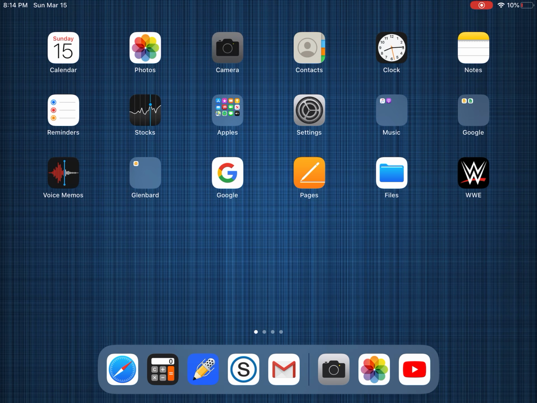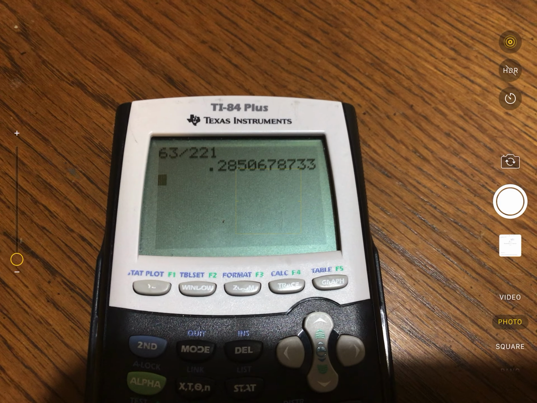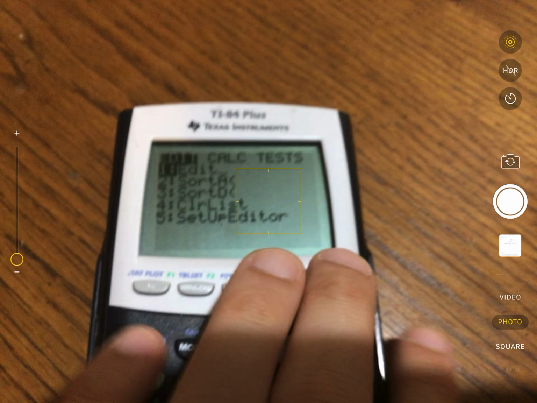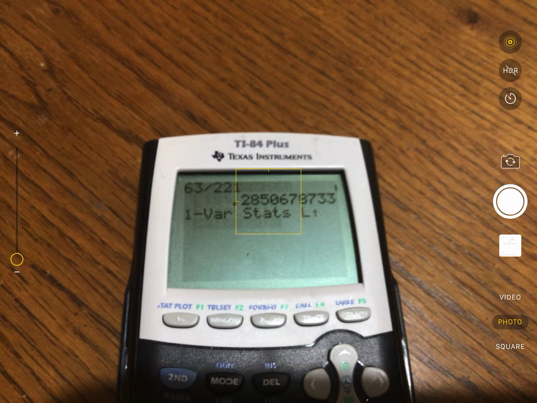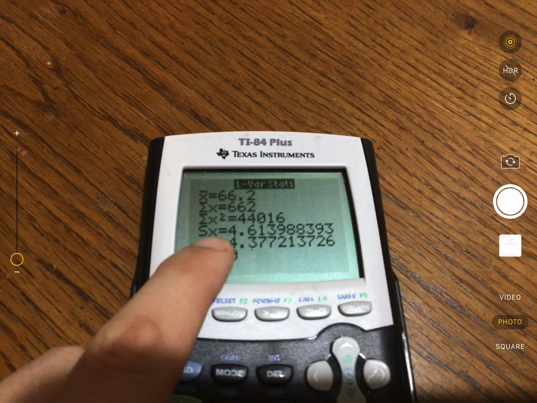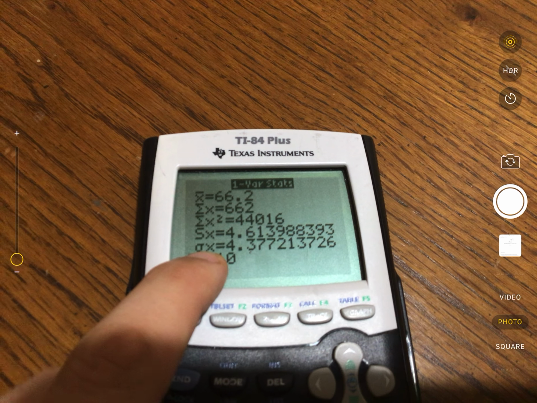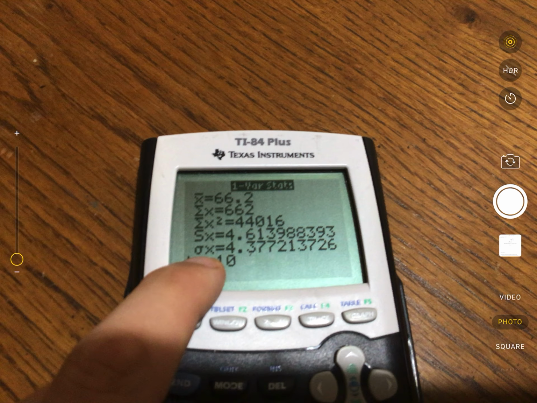So I'm going to go back into my camera and show you what I'm doing. I'm going to go to Stat, Calc. I'm going to 1-Var Stats a second time, doing the same thing I did last time. This time, I'm going to look for the S. It was a sample, so I'm not going to use this sigma calculation. This is where kids get confused. I'm not going to use the sigma.